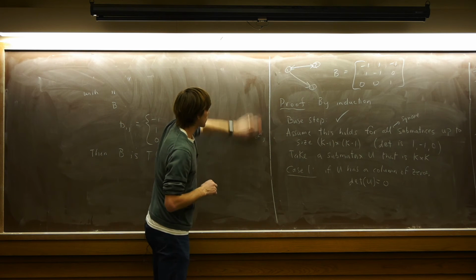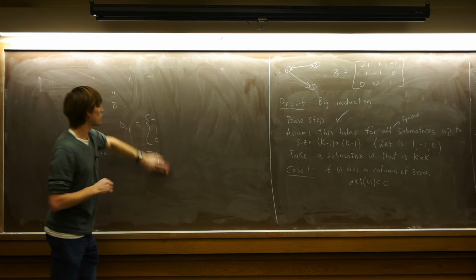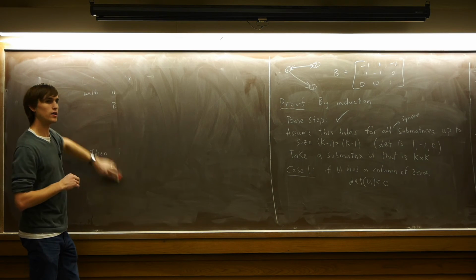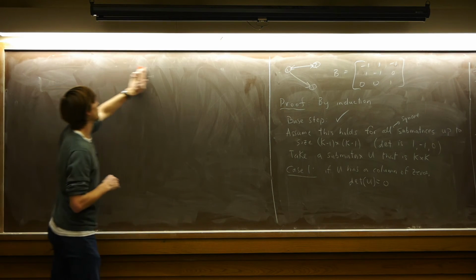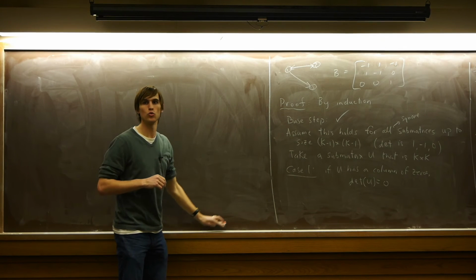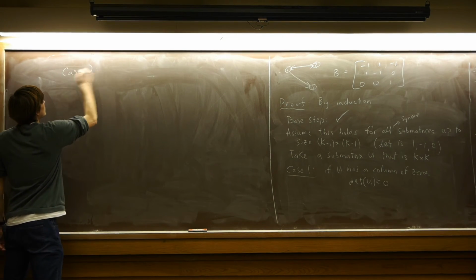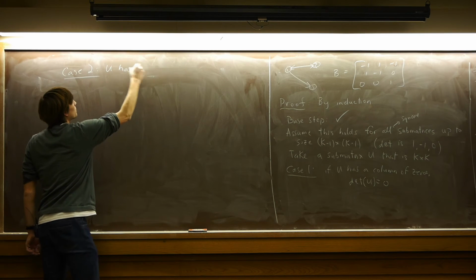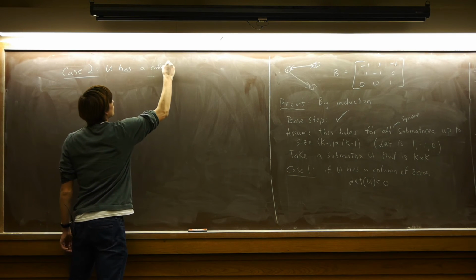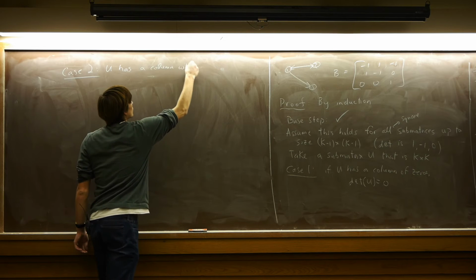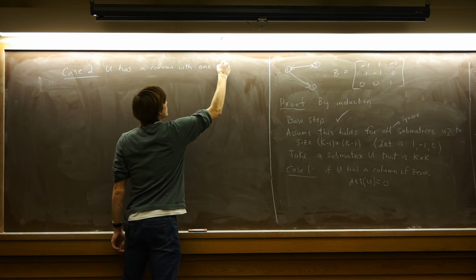The next case we're going to do is what happens if the minimum number of non-zeros in a column is 1, and then what happens if every column of U has 2 non-zero entries. Case 2, U has a column with 1 non-zero.